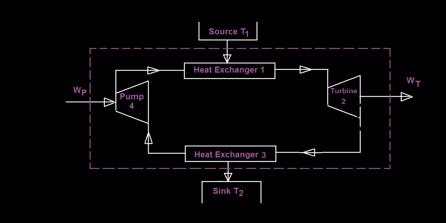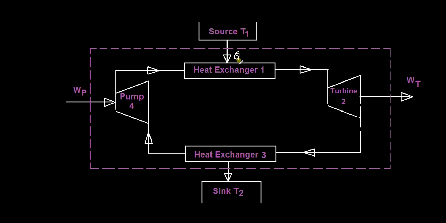So what you see here is a schematic of a heat engine cycle. Let's assume that this is working based on a Carnot cycle. So what you have here is a heat source at a temperature of T1 that transfers a heat of Q1 to this heat exchanger here.